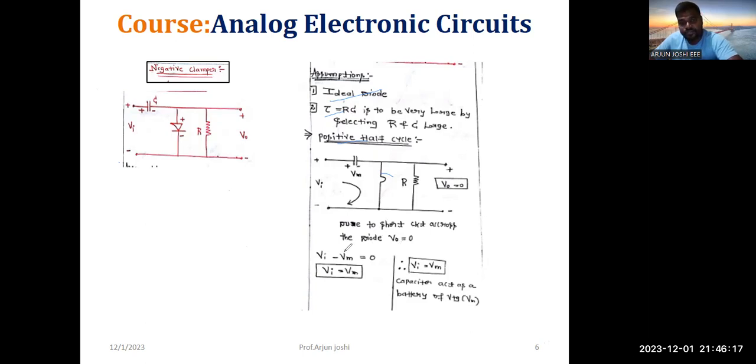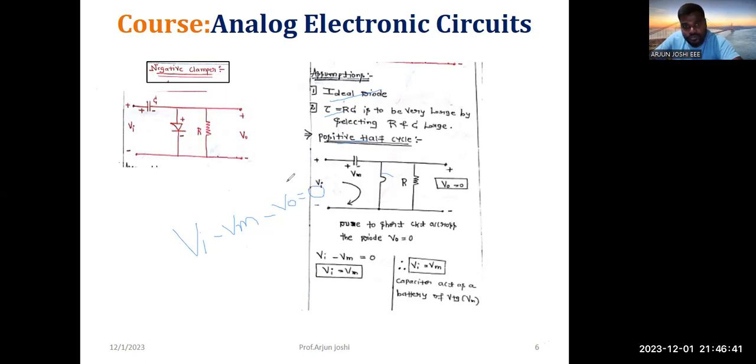And then, dear students, please apply KVL for this loop from positive to negative. You are going to get Vi, minus to plus, Vi, plus to minus, Vm, minus Vm, and plus to minus, minus V0, is equal to 0.